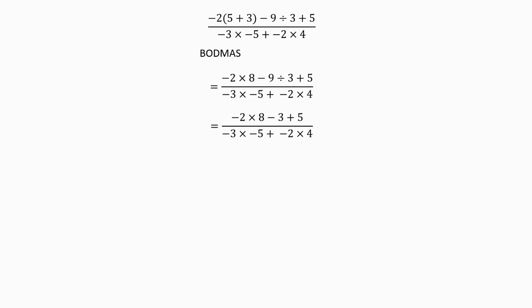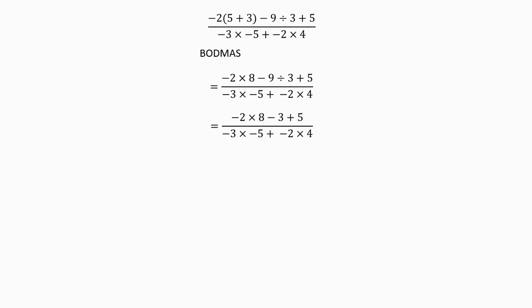We have -2 times 8 in the numerator, and -2 times 8 will give us -16, because a negative number times a positive number results to a negative number. Then in the denominator, we have -3 times -5, which is a negative times a negative.